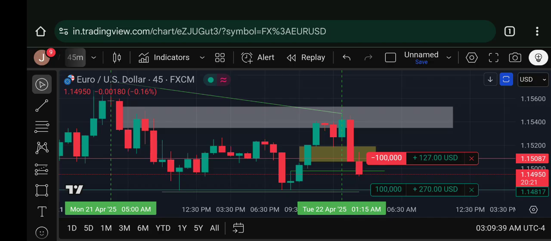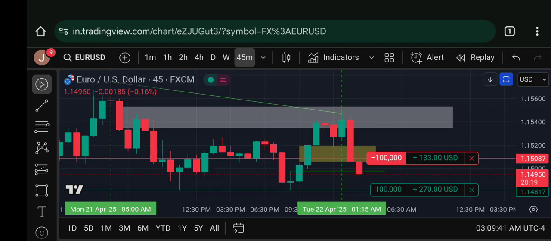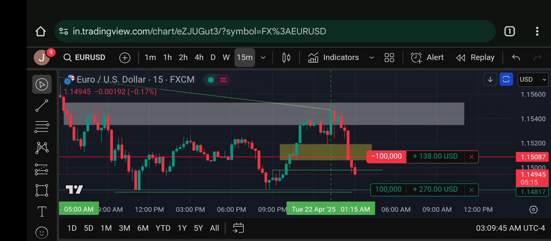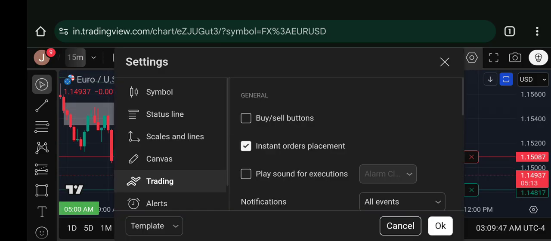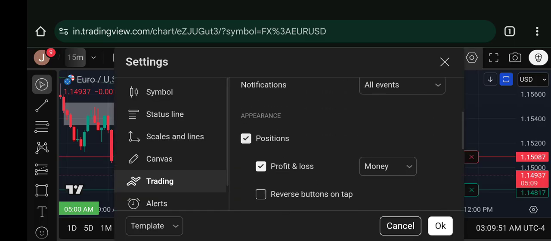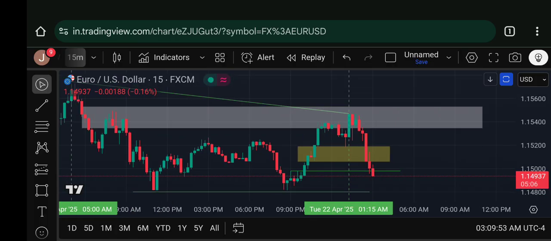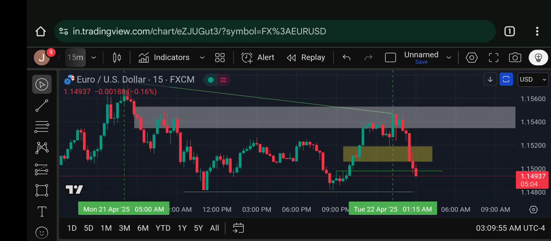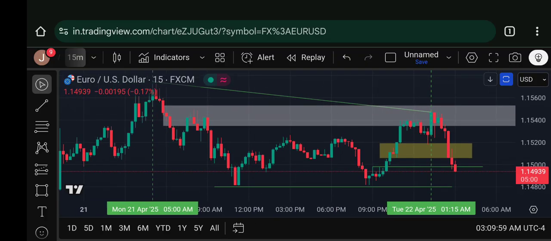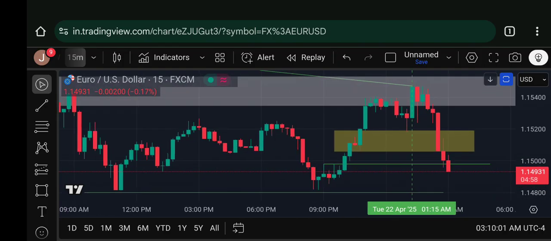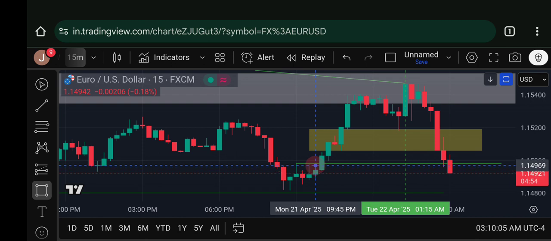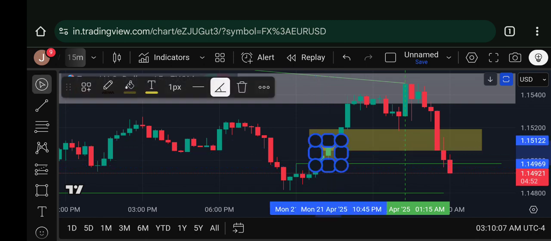So I was waiting for many confirmations, but if I zoom in and check every time frame alignment, we are on the 15-minute time frame now, and I took the trade very early, so you could have waited here.